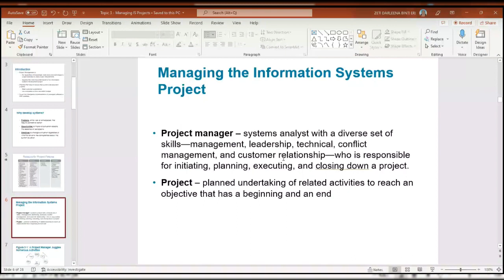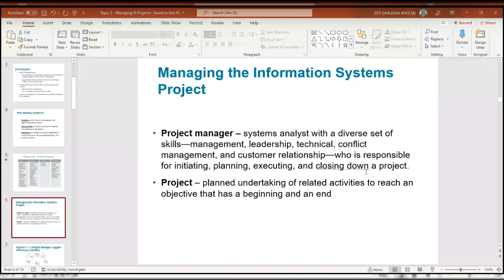So he or she, the project manager, is responsible for initiating, planning, executing, and closing down the process. So these are the life cycles of project management.